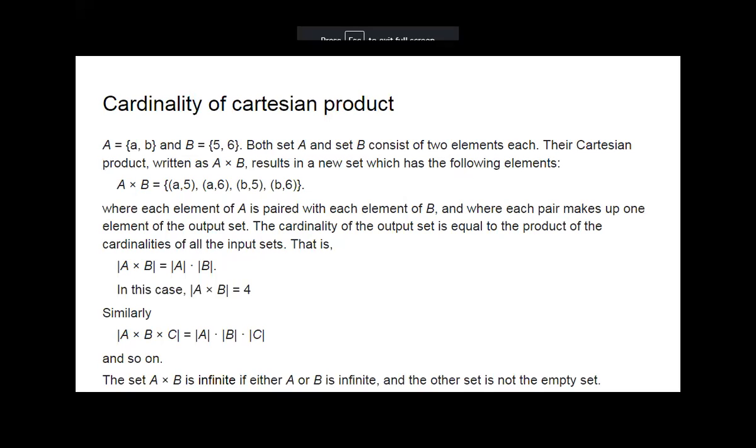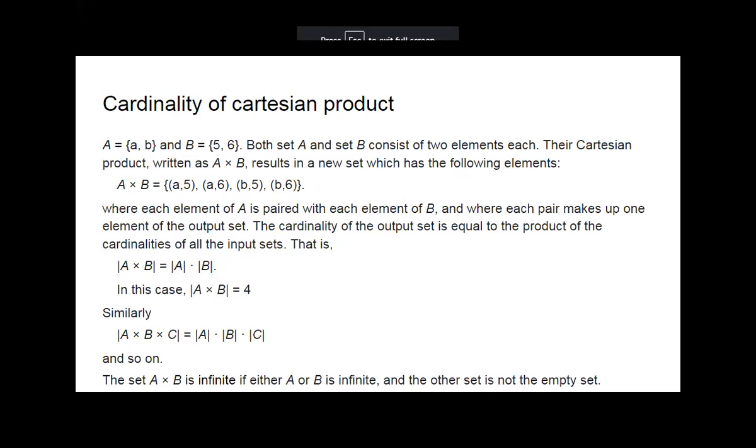Suppose we have three sets A, B, C. Then the cardinality of the Cartesian product of A, B, C will be the cardinality of A into the cardinality of B into the cardinality of C, and so on. The set A cross B is infinite if either A or B is infinite and the other set is not the empty set.